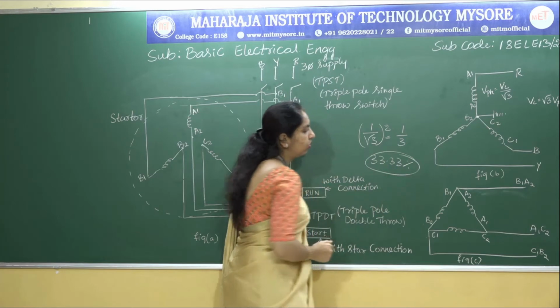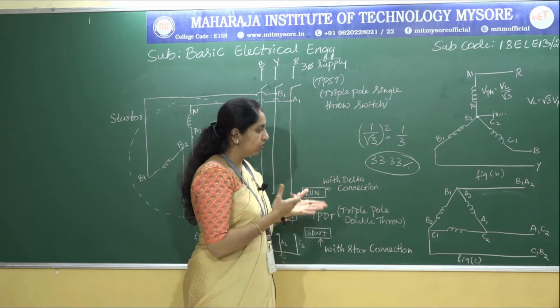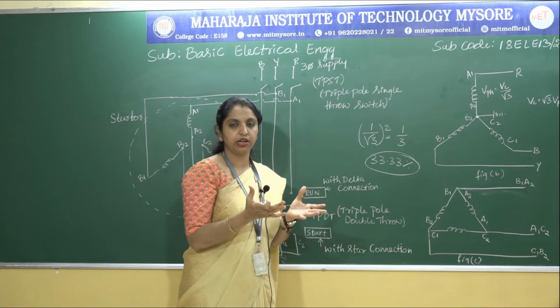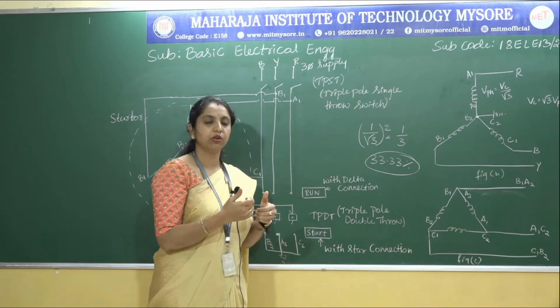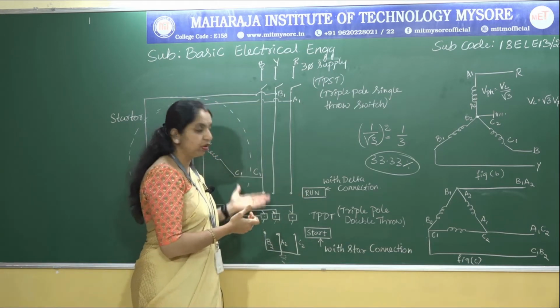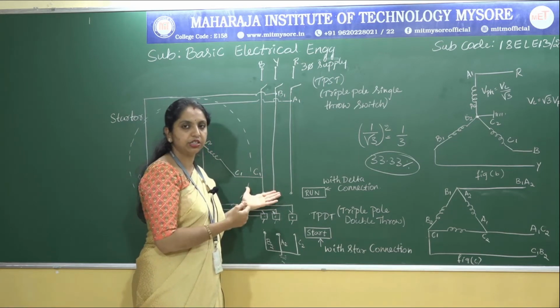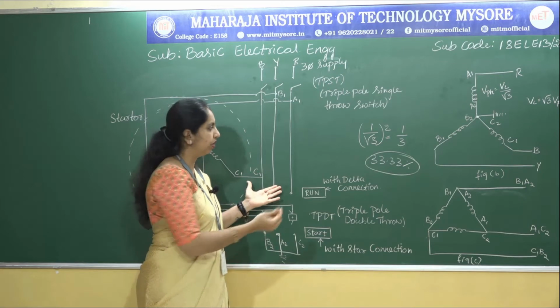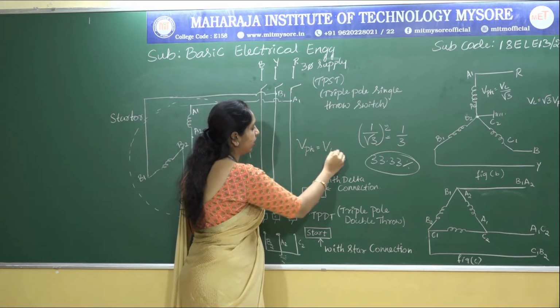So remember, the full rated voltage will be reduced to 33.33%. Later, once the circuit becomes delta connection, as I have already explained how it becomes delta connection, we get the full rated voltage, because in delta connection we know that VPH becomes VL, right?